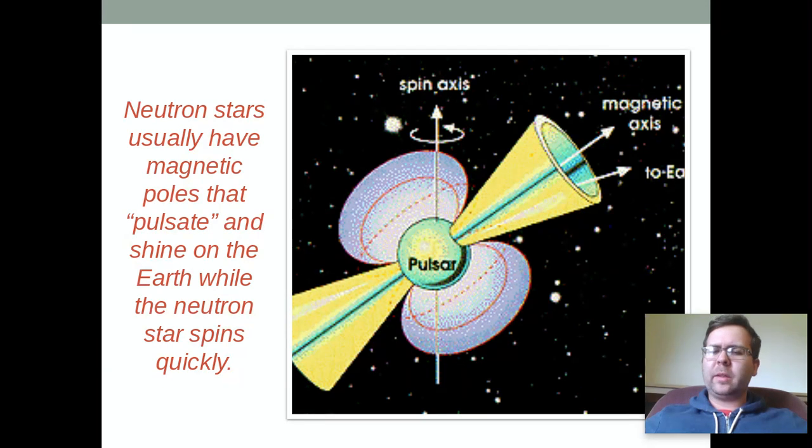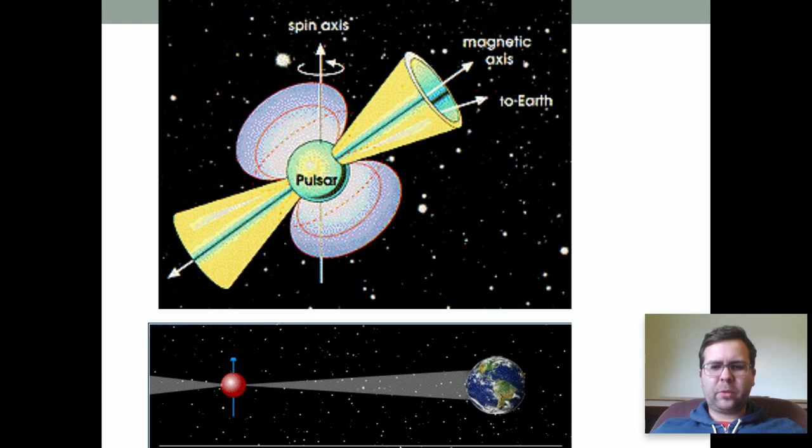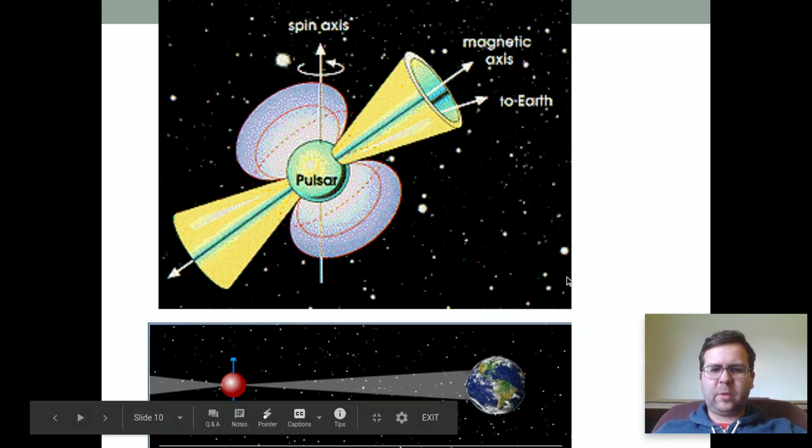So when you look out at the night sky and you see some of these flashing stars, they're called pulsars, and they're actually neutron stars that are just spinning really, really fast. I had a simulation, but it's not working, but it's kind of like a lighthouse.